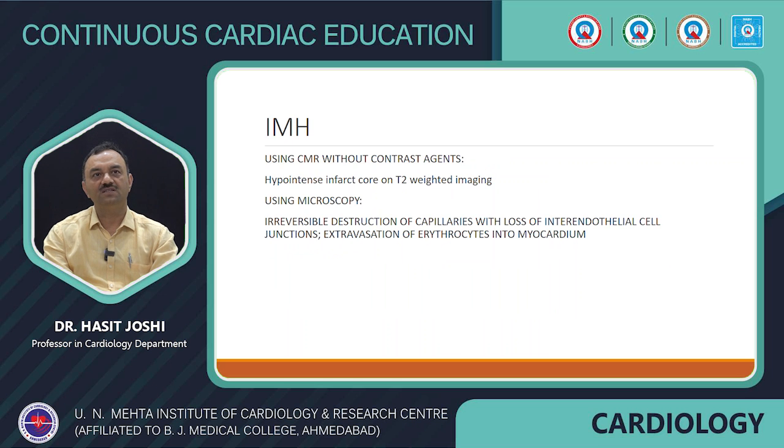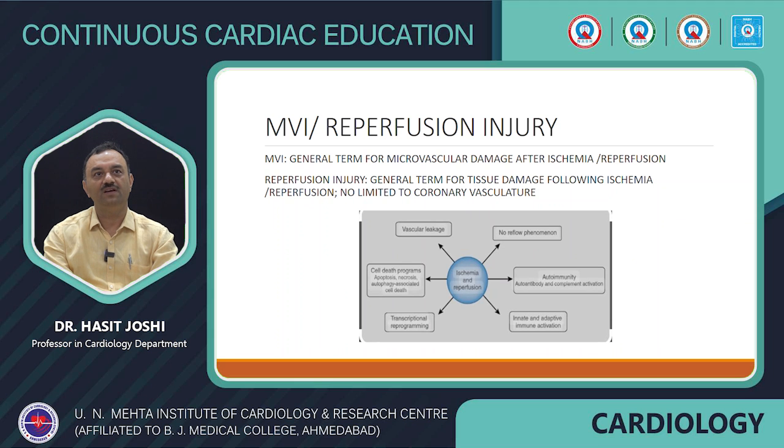IMH on CMR without contrast agent shows a hypointense infarct core on T2-weighted imaging. It is irreversible destruction of capillaries with loss of interendothelial cell junctions and extravasation of erythrocytes into the myocardium.